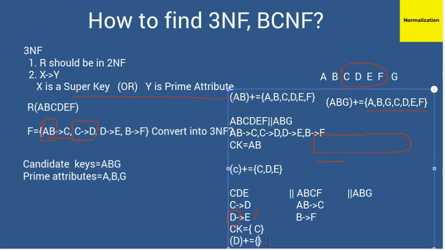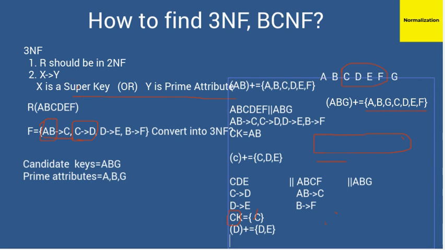So now find D plus. What will you get? You will get D comma E. So make it into separate tables such that the sub tables are CD and DE. That's it. It is very simple. You just find the closure. You need to delete the D and E, make it into a new table, and delete E from the previous table.